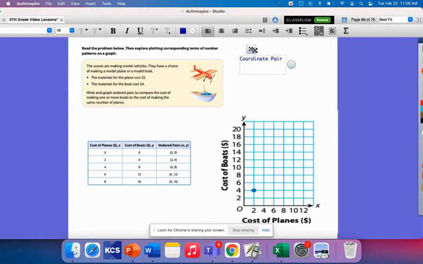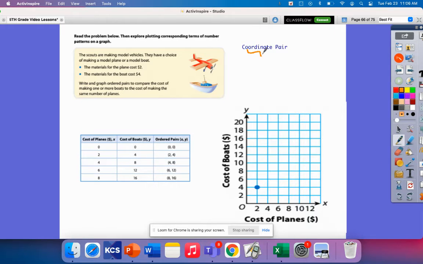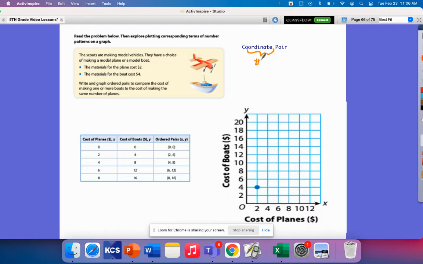Coordinate pair. A coordinate pair has the word ordinate, and ordinate means number, and then co means together. So this would be a pair working together.